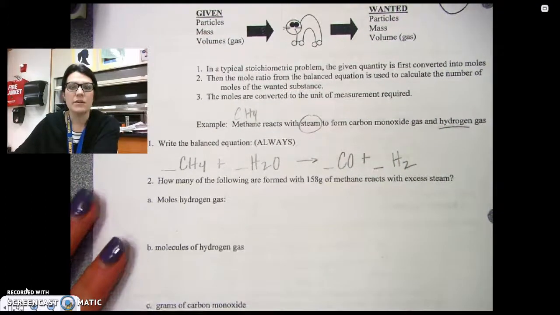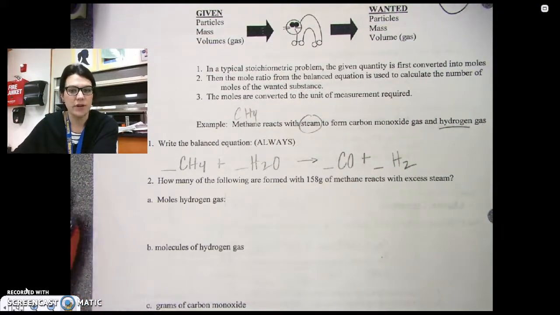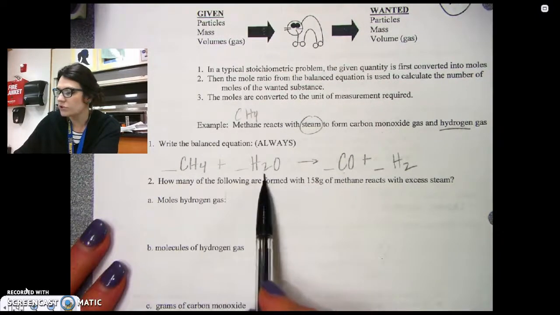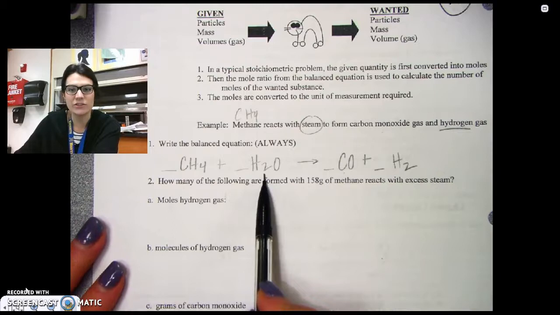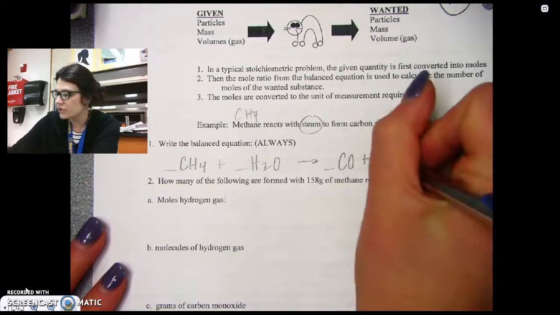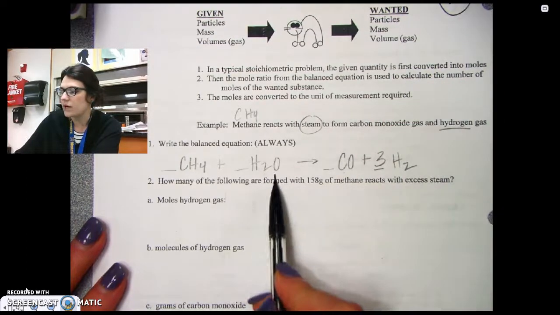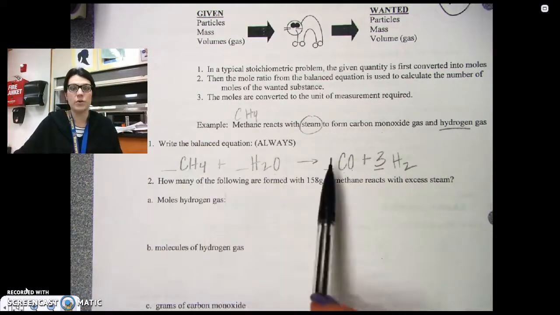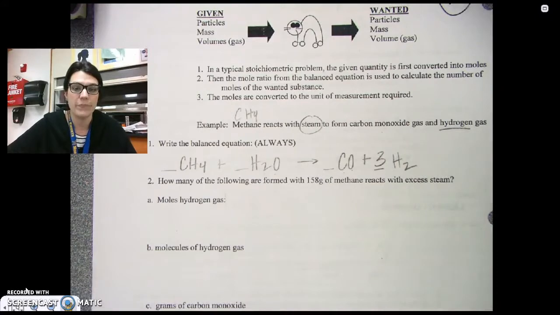Okay? And then I need to make sure that my reaction is balanced. Okay? So 1 carbon, 4 plus 2 is 6 hydrogens, 2 hydrogens here. So I need to put a 3 here, 1 oxygen, I'm balanced, okay? So I have a 1 to 1 to 1 to 3 mole ratio, okay?